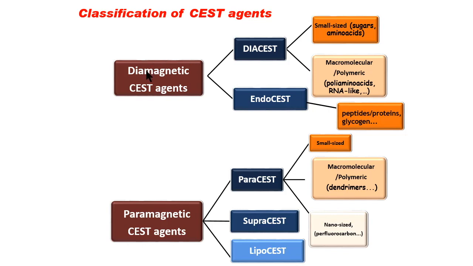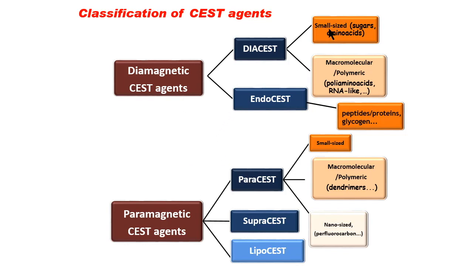And so one classification may be based, first of all, on diamagnetic agents and paramagnetic agents. Another kind of classification can be based on the endogenous molecules that generate a CEST effect, with respect to extracellular exogenous contrast agents.